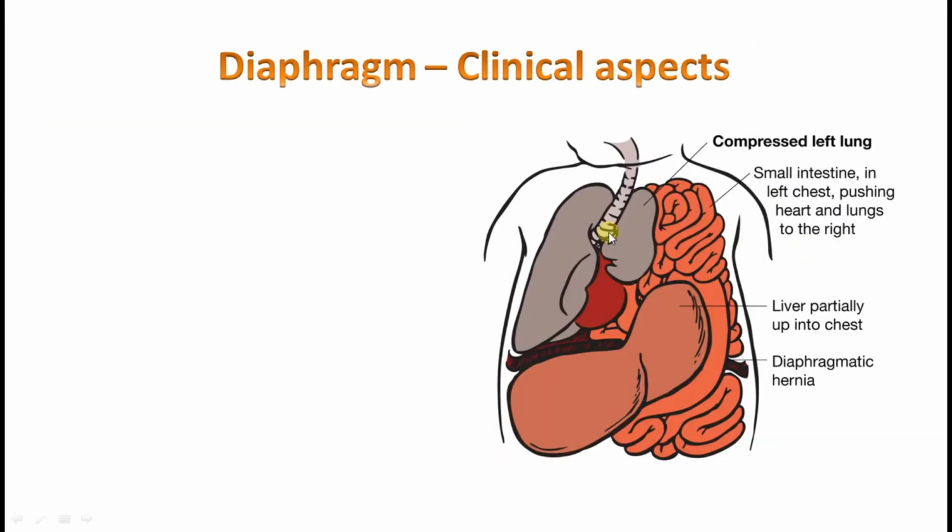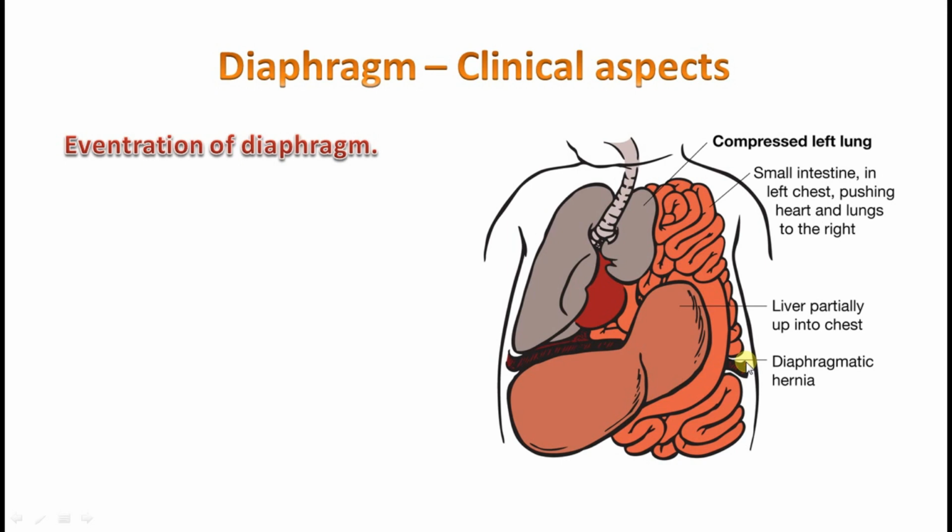The next is eventration of the diaphragm or hemidiaphragm, where one half of the diaphragm fails to contract properly. The diaphragm is normal; only some few fibers might not arise, and they might be replaced by membrane.